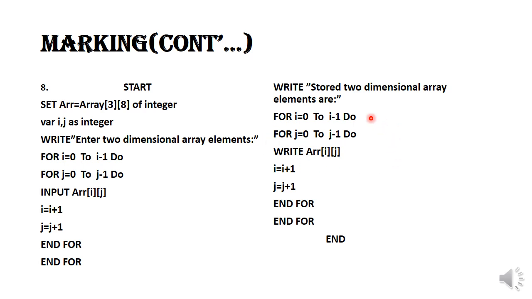So display what has been stored in that particular location. Row and column indices are incremented. We close the for loop by using end for here, end for to close the outer for, and end for to close this inner for loop.